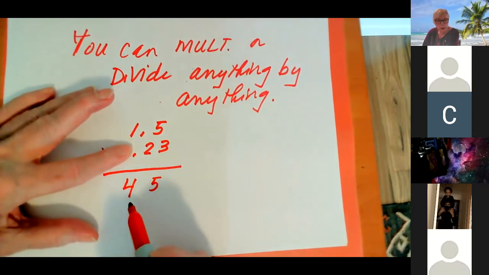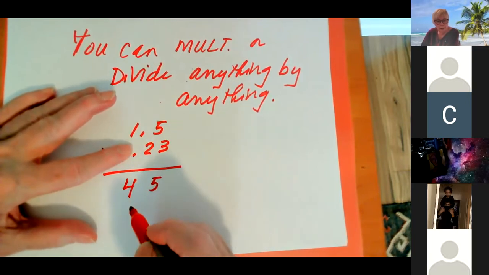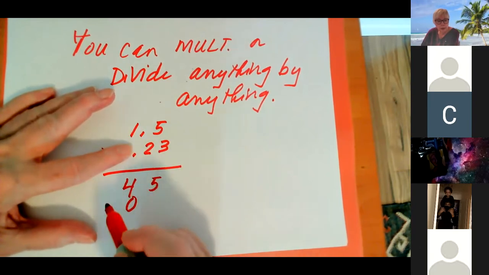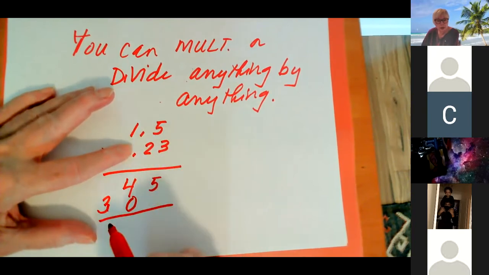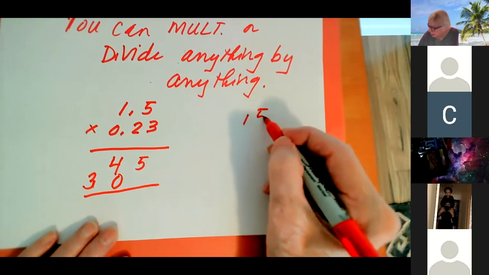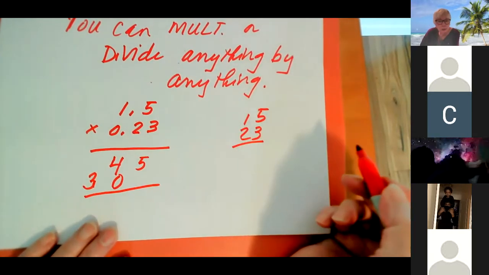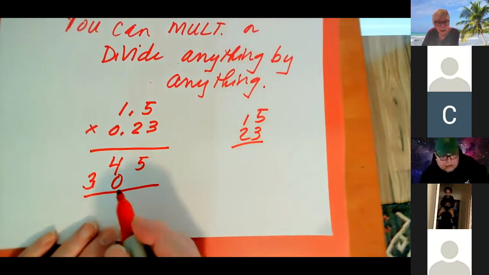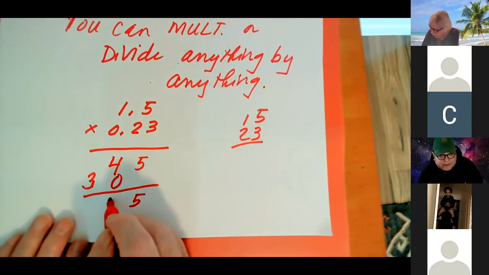And remember, in the 2, I only have to move this over because this is going to be adding. 2 times 5, 10, carry a 1. 2 times 1 is 2 and 1 is 3. So 2 times 15 is 30. So I do this the exact same way I would have multiplied these two. The 3 times this, the 2 times that, and now I bring this all down.